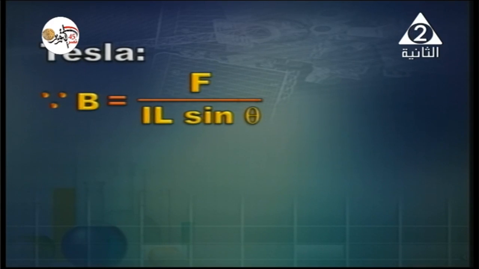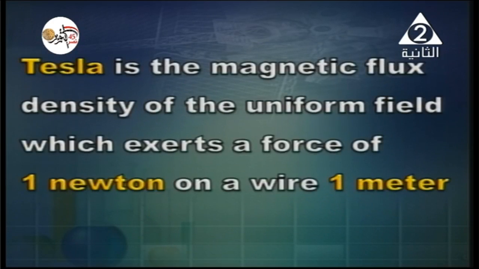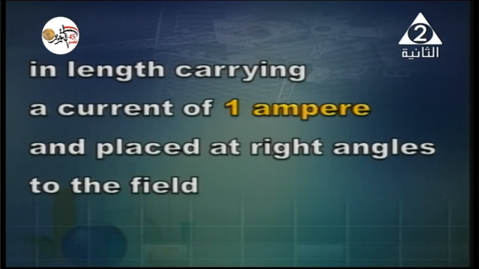And now we want to define Tesla. What about Tesla, the unit of magnetic flux density? Tesla equals Newton over ampere meter. Tesla is the magnetic flux density of the uniform field which exerts a force of 1 Newton on a wire 1 meter in length, carrying a current of 1 ampere and placed at right angles to the field.